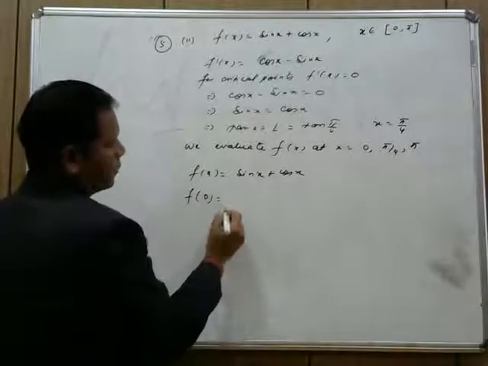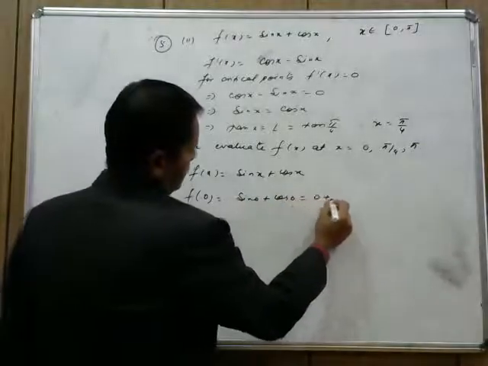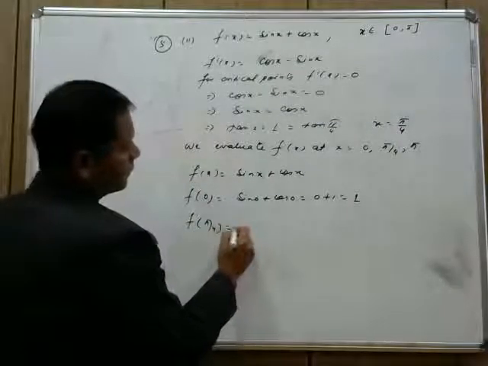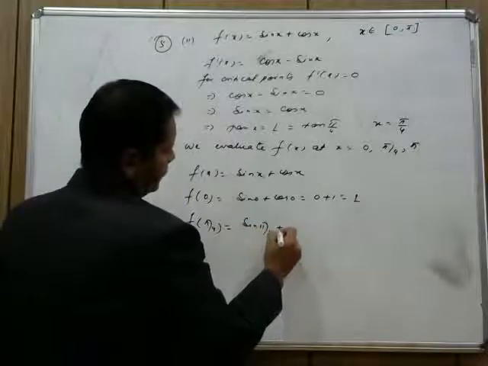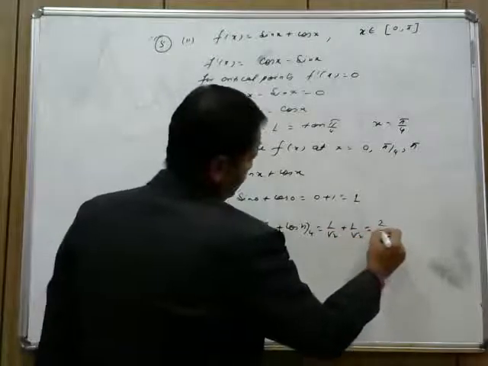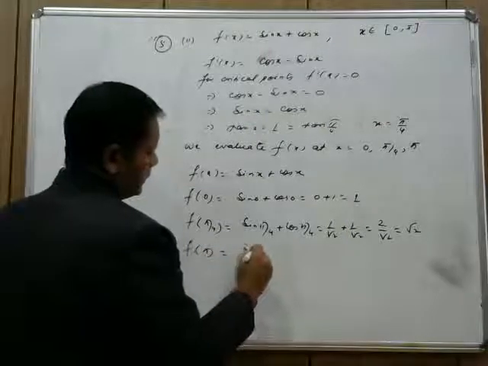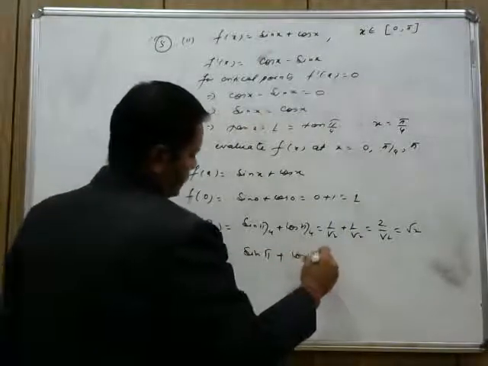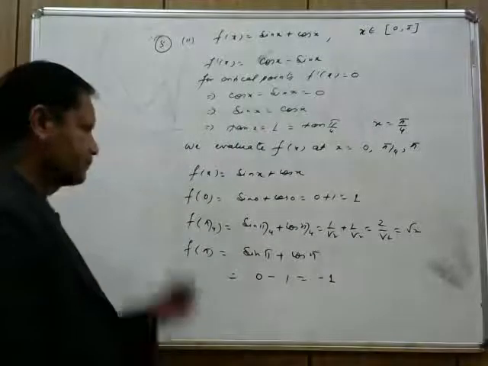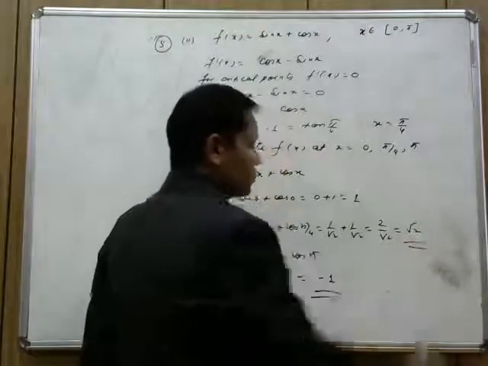Therefore, f of 0 is equal to sin 0 plus cos 0, which is 0 plus 1 equal to 1. f of pi by 4 is equal to sin pi by 4 plus cos pi by 4, 1 by root 2 plus 1 by root 2, which is 2 by root 2, equal to root 2. And f of pi is sin pi plus cos pi, sin 180 is 0, cos 180 is minus 1, so minus 1. That means the minimum value is minus 1 and the maximum value is root 2.